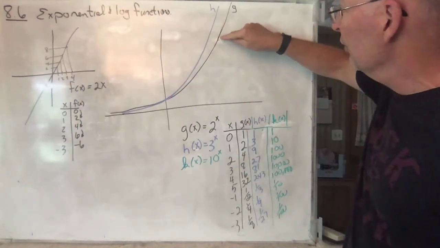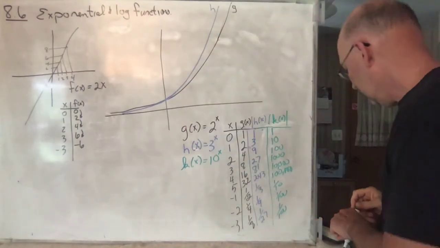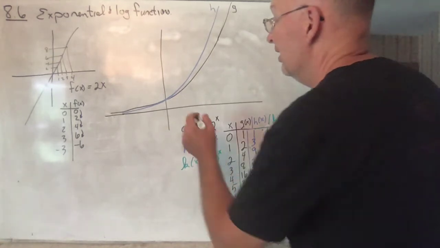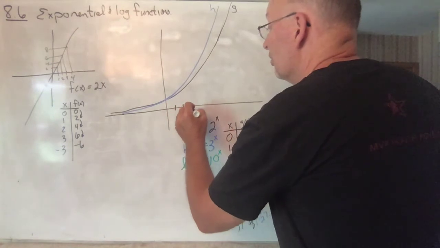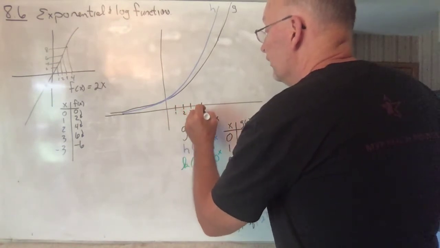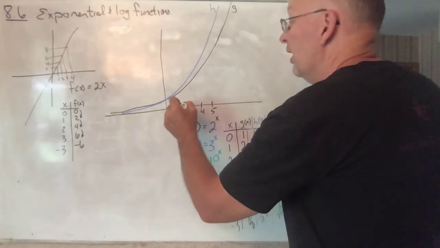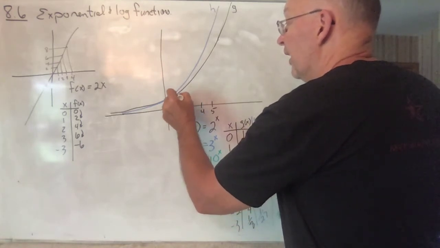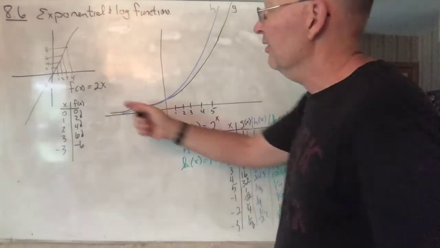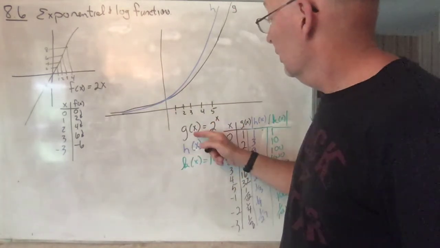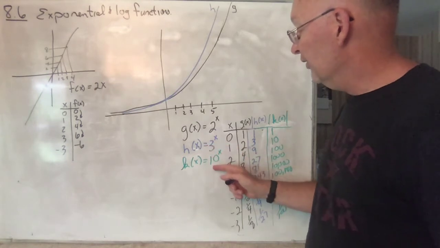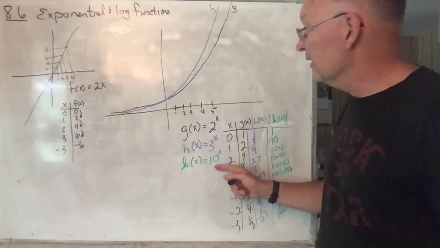So when I have my original g of x, and I wanted to go from 1 to 2 to 3 to 4 to 5 and so on, every time I jump to this next value, the value of the function, in this case, grows by 2. In this case, the value of the function grows by 3. In this case, the value of the function grows by 10.